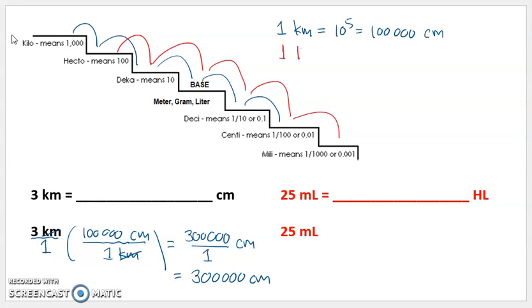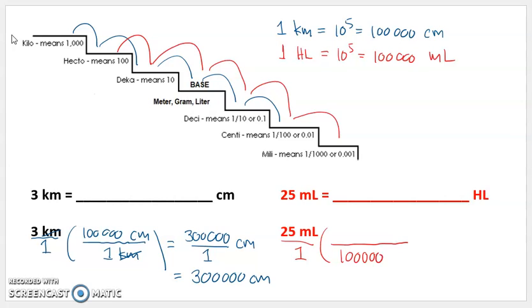So 1 hectoliter is equal to 10 to the 5th, which is equal to 100,000 milliliters. So let's multiply what we want to convert, 25 milliliters, by the conversion factor. Milliliters are on the top, so I want to put my milliliters on the bottom to cancel that unit.